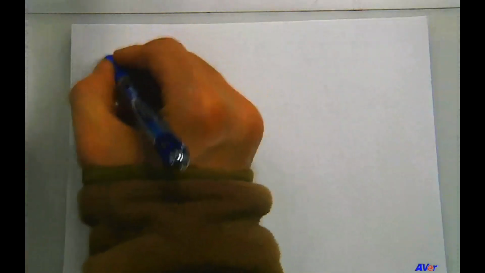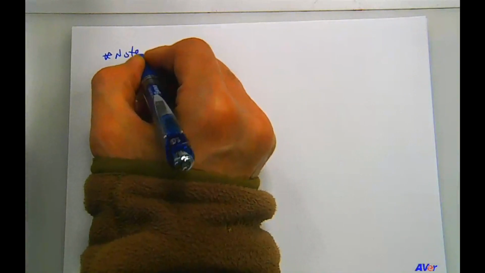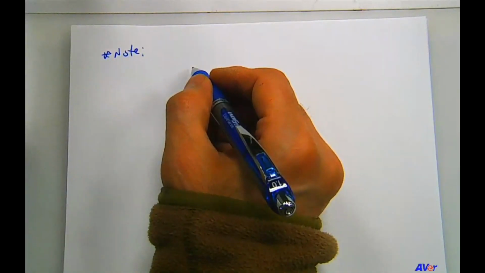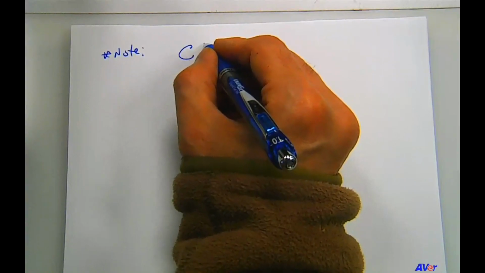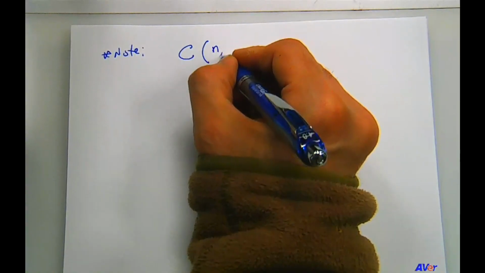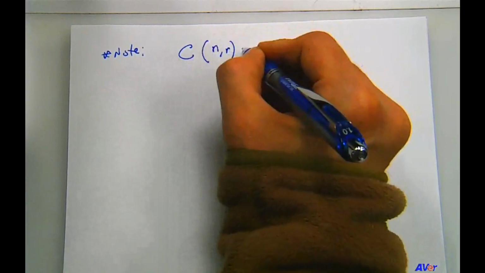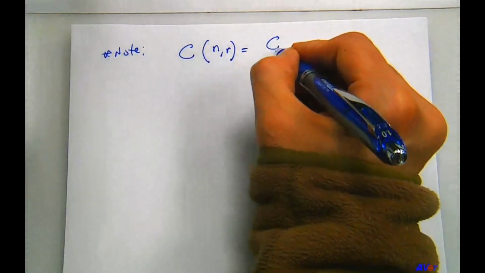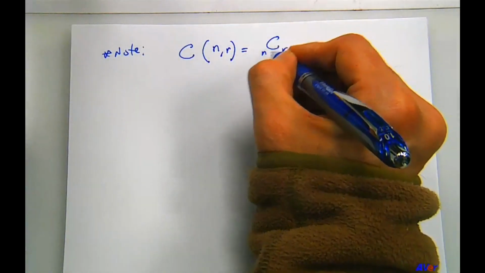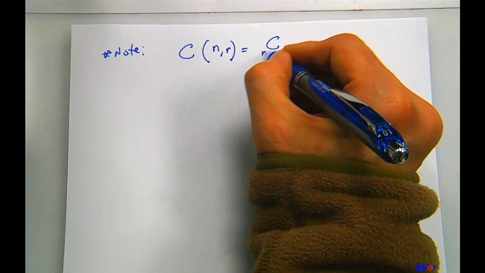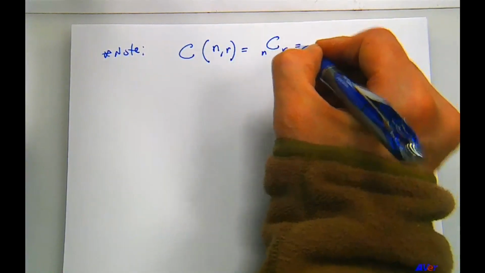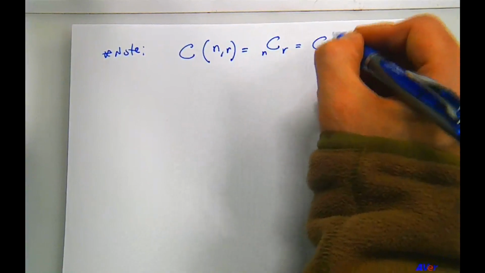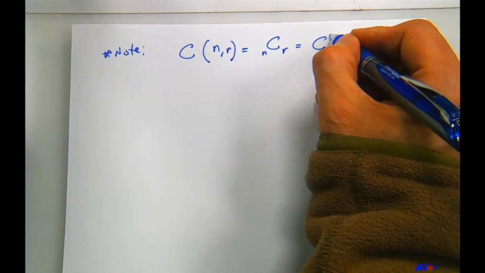So let me just briefly mention that as a note. If you see a notation like this, a capital C, parentheses N comma R, that's the same thing as this notation, a capital C with lowercase n in this corner and lowercase r in this corner, and that's also equivalent to this notation.